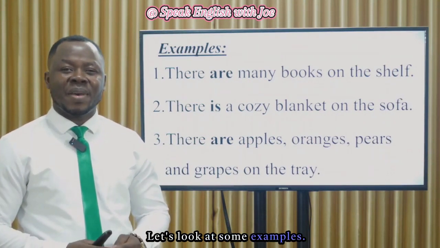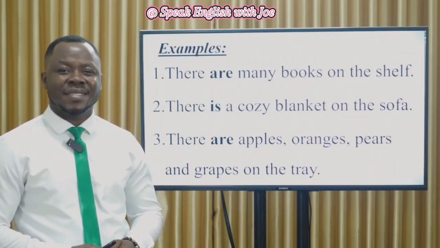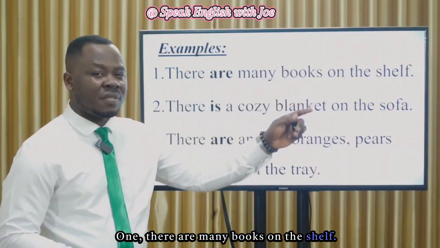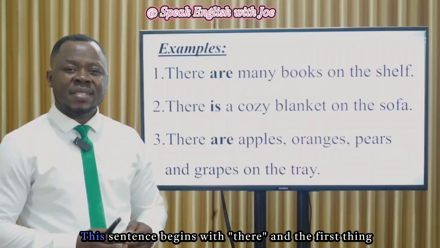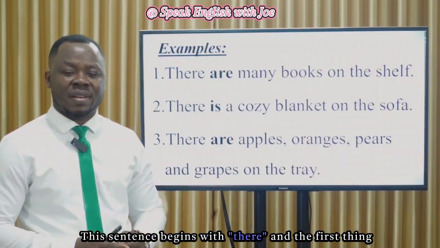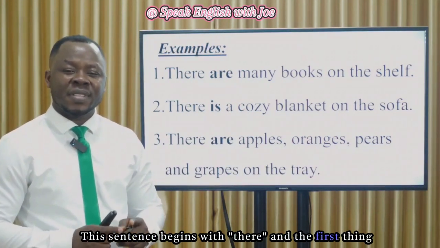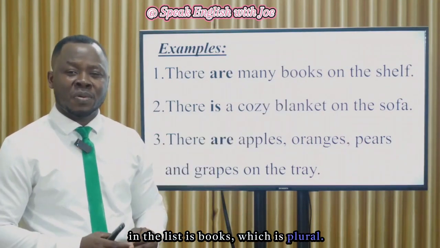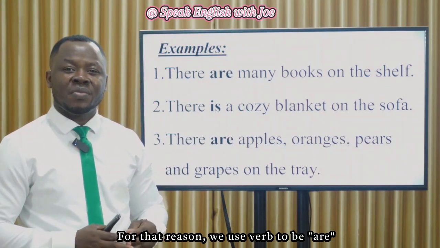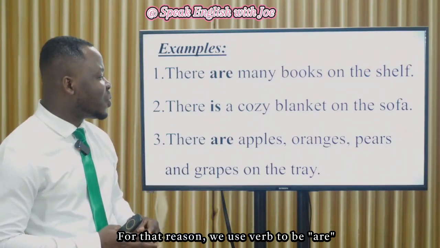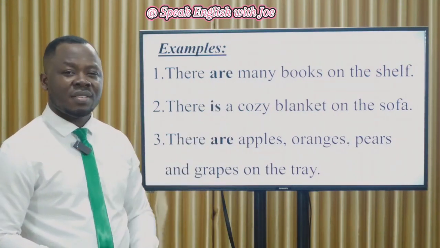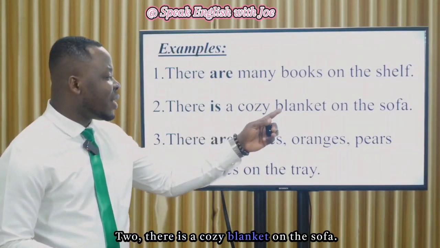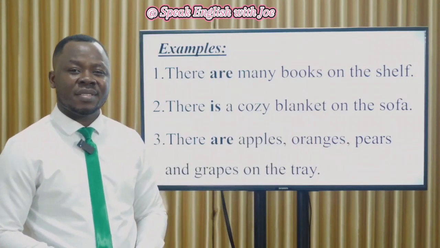Let's look at some examples. 1. There are many books on the shelf. This sentence begins with there, and the first thing in the list is books, which is plural. For that reason, we use the verb to be are. 2. There is a cozy blanket on the sofa.